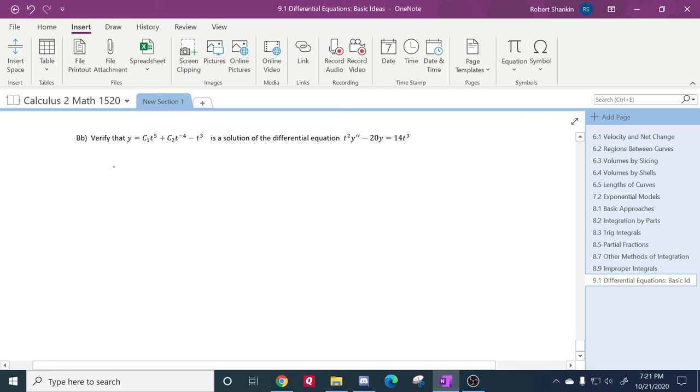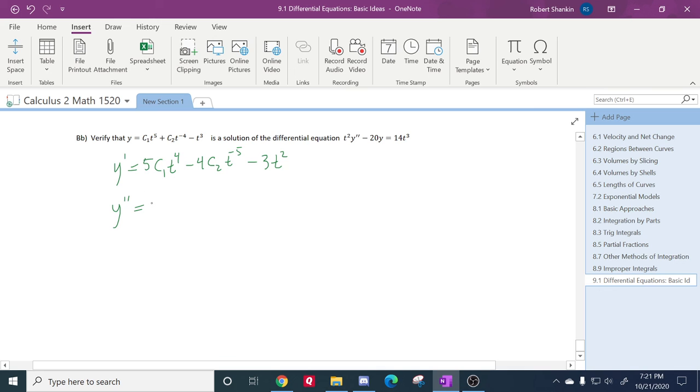Okay, so what I have to do is take y prime, which is 5c1 t to the 4th minus 4c2 t to the negative 5 minus 3t squared. And there's no y prime over here, but I had to go through y prime to get to y double prime.